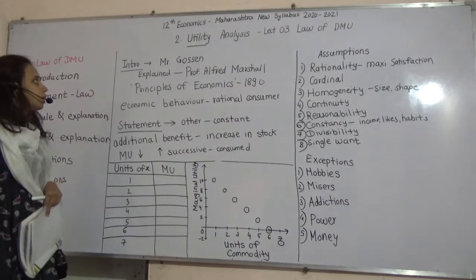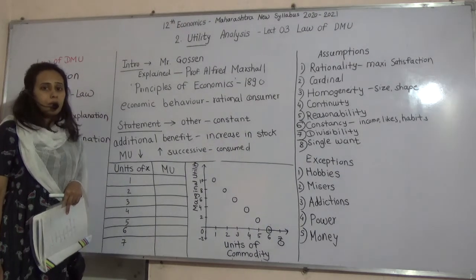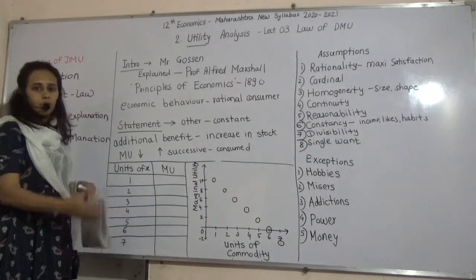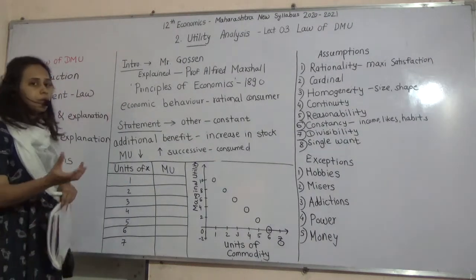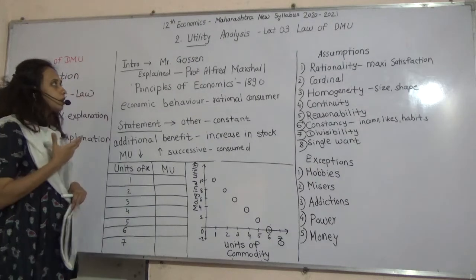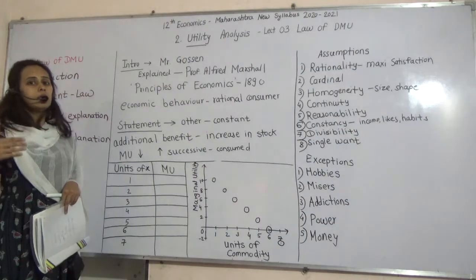One more example I will give you. Suppose you are very hungry and something has been offered to you to eat. Then whatever you eat, the first plate gives you more satisfaction. Then the second, less. Then the third, less.